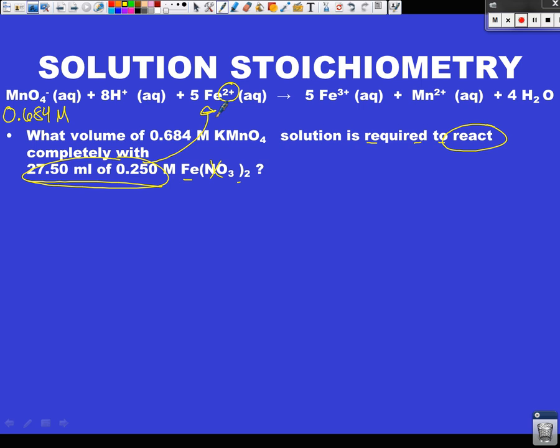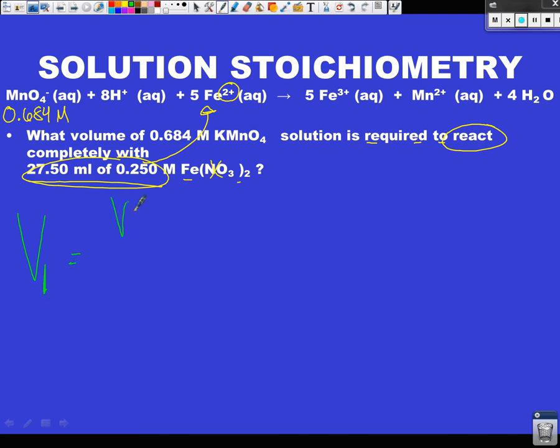M1V1 equals M2V2. Does it matter which one is 1 and which one is 2? Doesn't matter at all. We're solving for V1 because it's listed first.